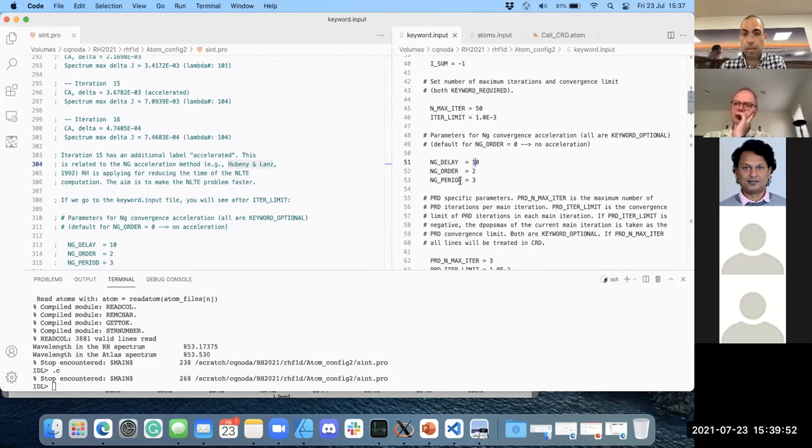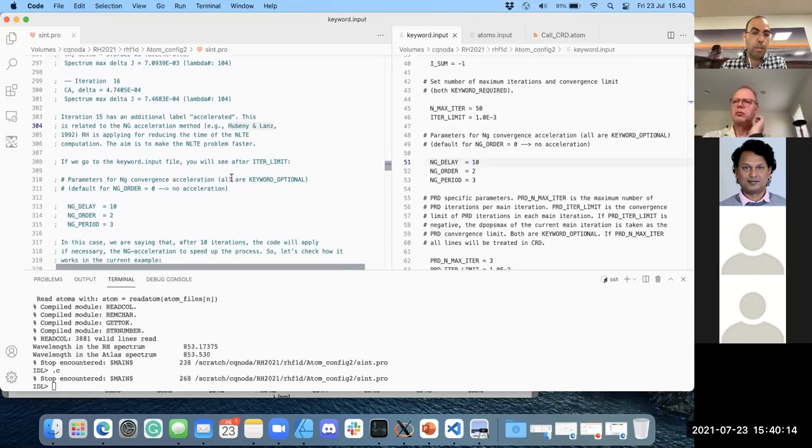In general, I think you can leave it like this, but I believe in the manual there's additional information on the meaning of these two. But this one is probably the one that you may play with at the beginning, when you want to switch on the option of running NG acceleration, or if you comment the line, it will not have NG acceleration at all.